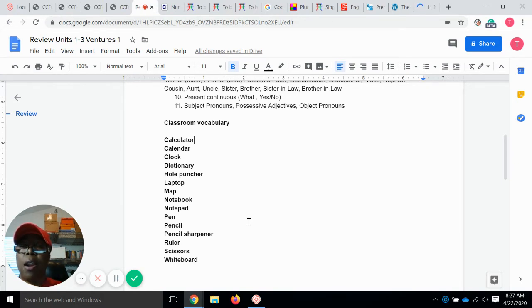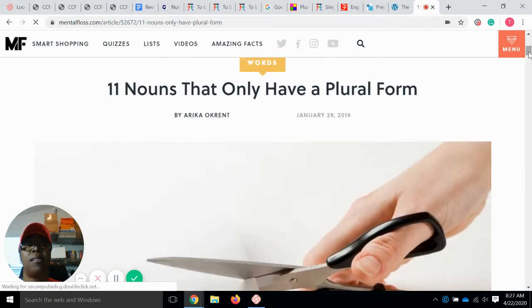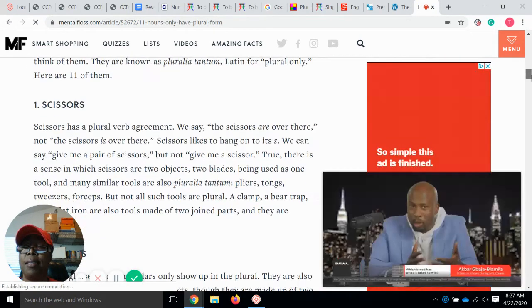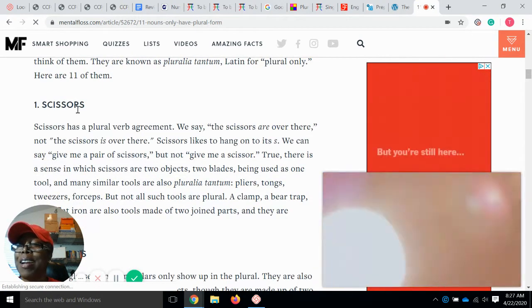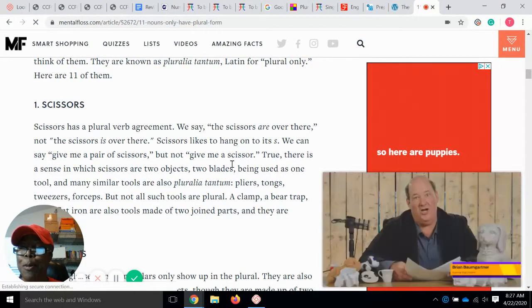First, let's talk about our classroom vocabulary. Well, no, we'll come back to that. First, let's do this. There are some nouns that only have a plural form. And that's one of our words right here, scissors. Scissors only has a plural form.